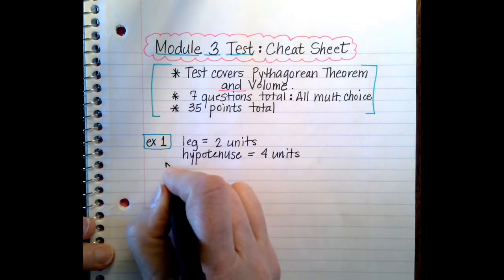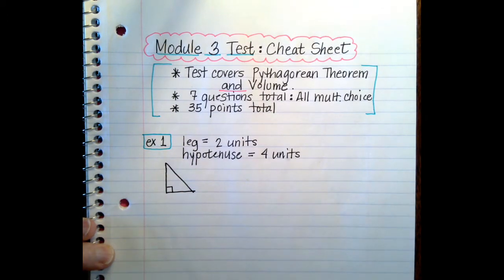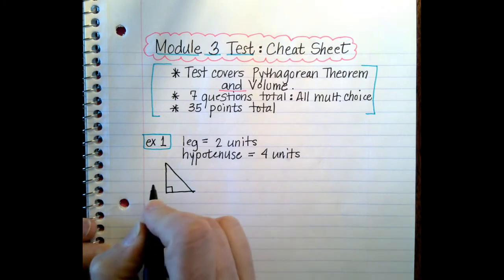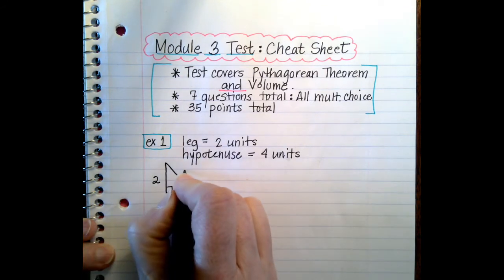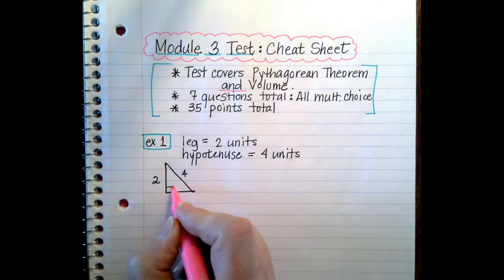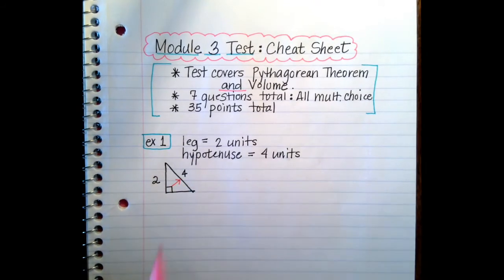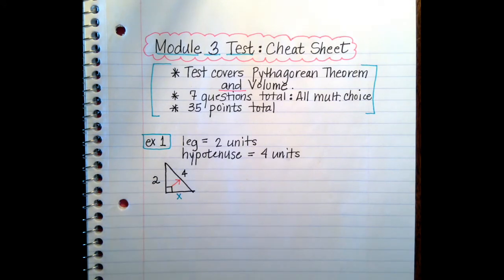That always helps me. And we want to put the little 90-degree mark in the corner. One of the legs they told me is 2, and they told me the hypotenuse is 4. The hypotenuse is always the side that is diagonally across from that 90-degree angle. The side that I'm looking for, the side I don't know, is the other leg.